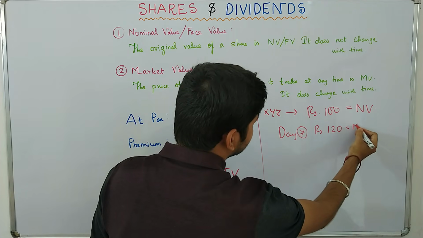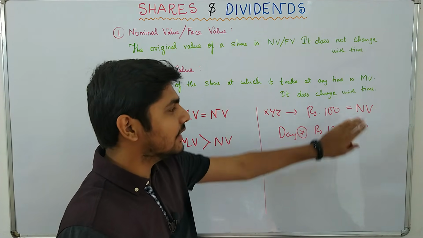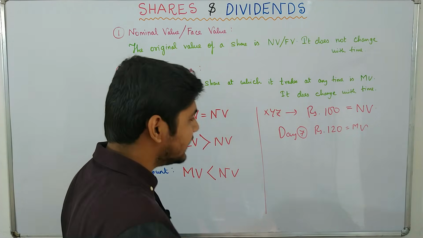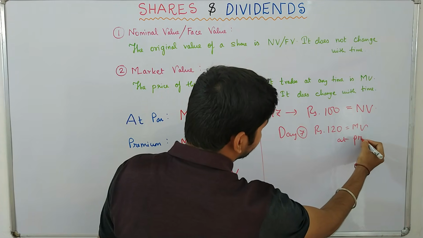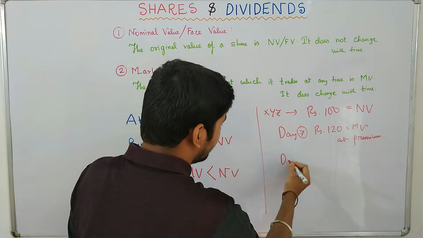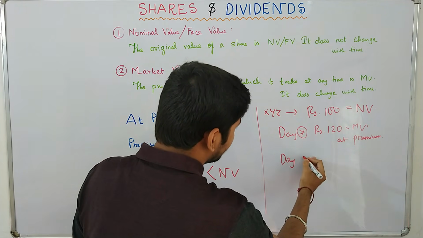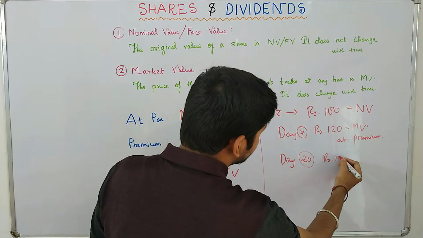So 120 is the market value. Now we see that the market value is greater than the nominal value, so we say that the share is being sold at a premium.